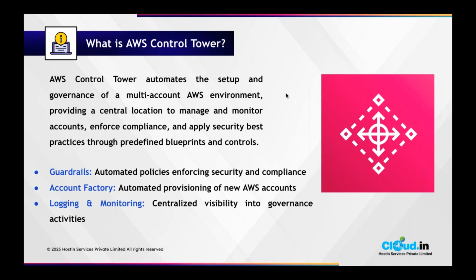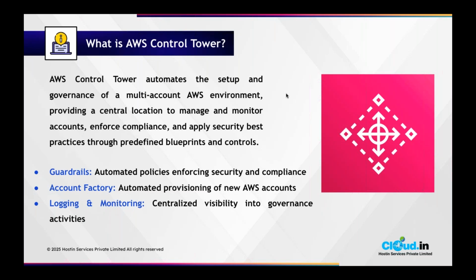Instead of manually configuring security policies and access controls for each particular account, AWS Control Tower helps you define blueprints that ensure accounts follow best practices from the very beginning.